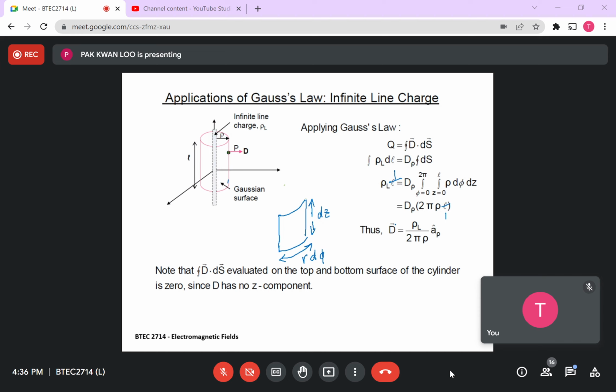If you encounter a question that says a long cylindrical charge distribution or infinite charge distribution, then straight away you can apply Gauss law to find the electric field at any point. However, if it's finite, then unfortunately we have to resort to Coulomb's law approach to calculate the electric field.